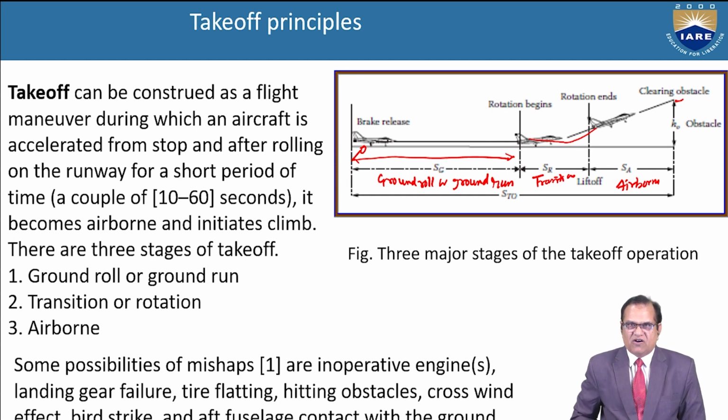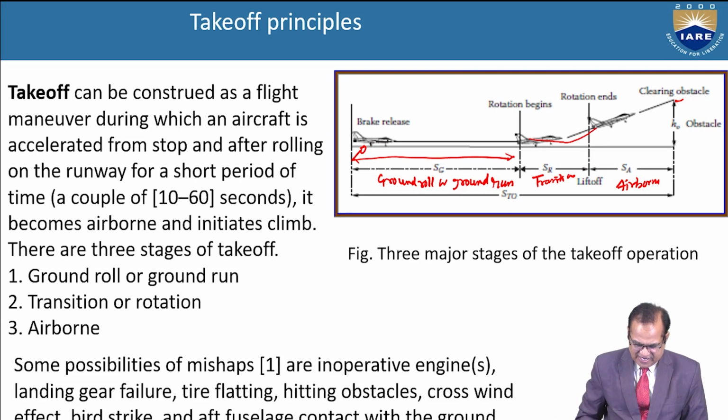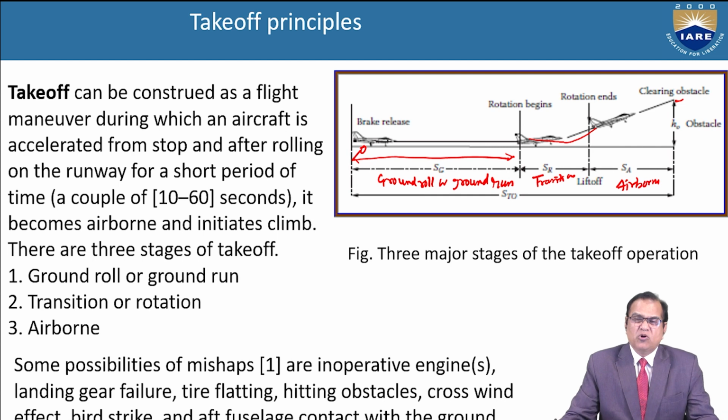Some possibilities of mishap are inoperative engines, landing gear failure, tire flattening, hitting an obstacle, crosswind effect, bird strike, and aft fuselage contact with the ground. So most of the time during landing and takeoff, these problems may arise. Out of two engines, one may fail.